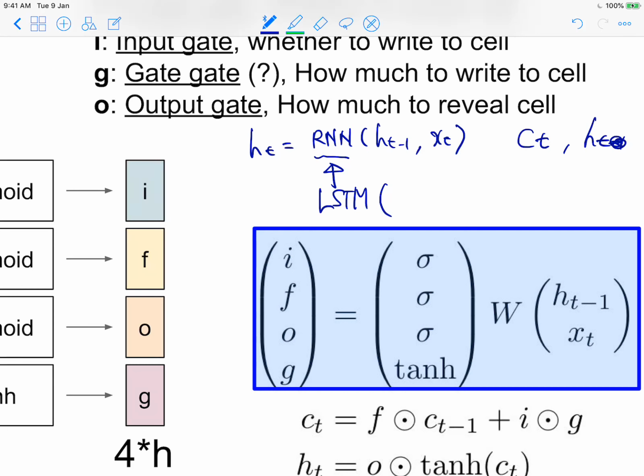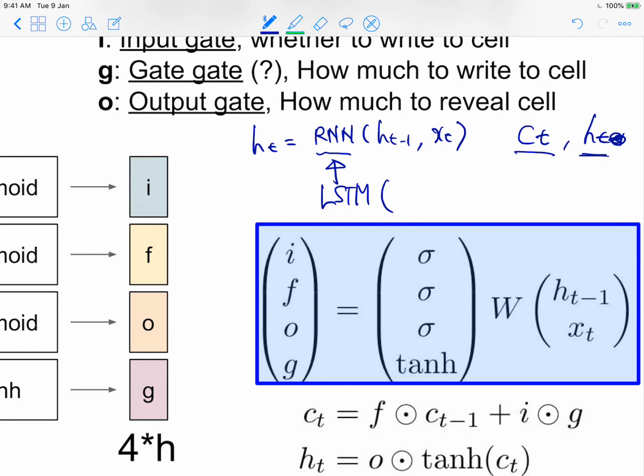So you can view the hidden state as now two different sets of vectors, the cell state and the hidden state vector. But still, the main input and output is the same.